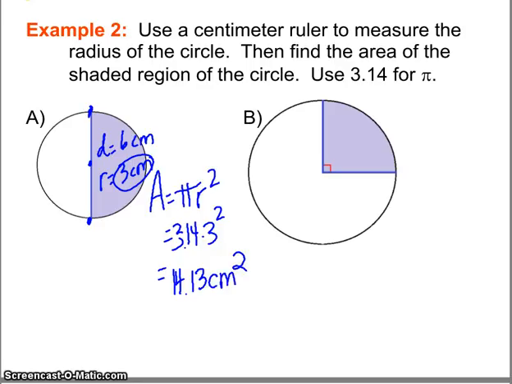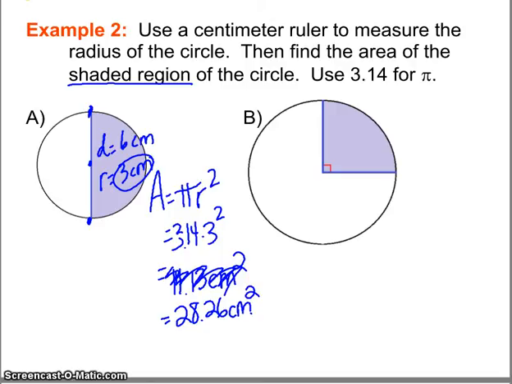Okay, so that's the area of the entire circle. We only want to know the shaded region. So it looks like half of the circle is shaded in. Oh, I apologize, Panthers, go back here. 3.14 times 3 squared gives you 28 and 26 hundredths square centimeters, okay?